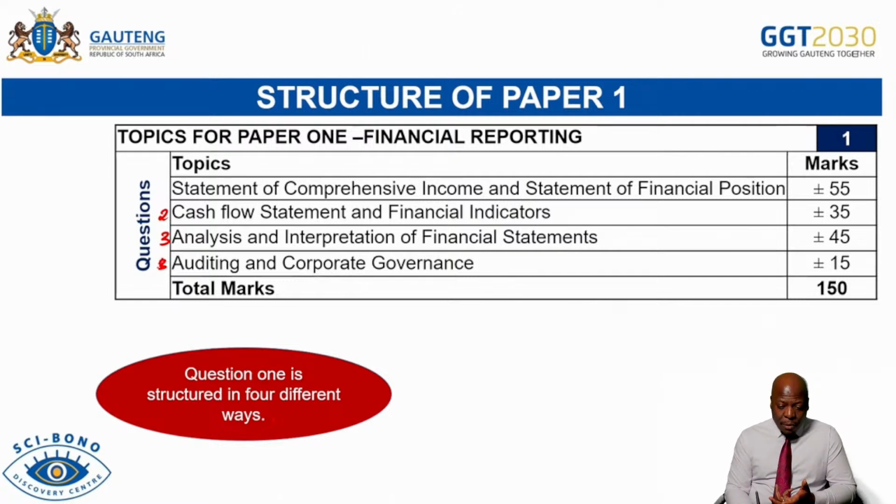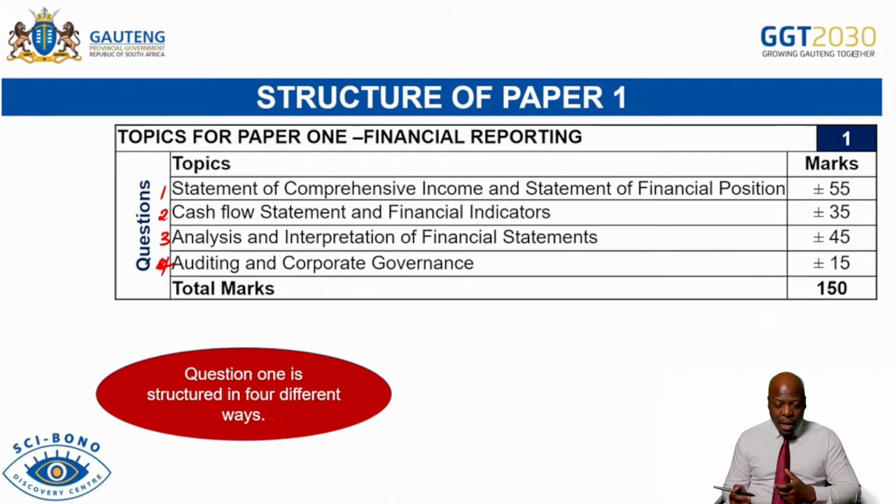Normally these ones have been constant in the past exam papers. And the one question that would change is your question 1, that is the statement of comprehensive income. So the other bottom 3 have been consistent. It has been your cash flow, your analysis, and your auditing. It is question 1 that has been changing over the years.